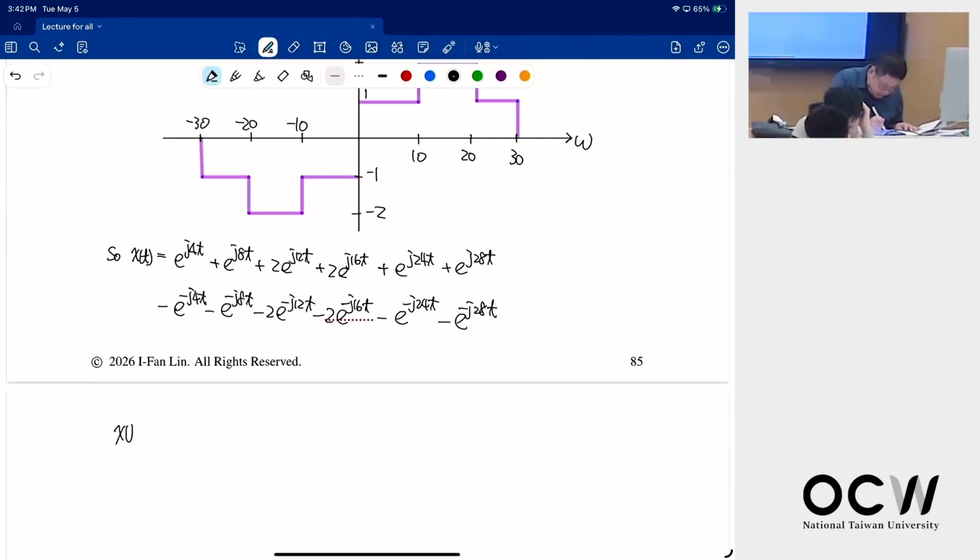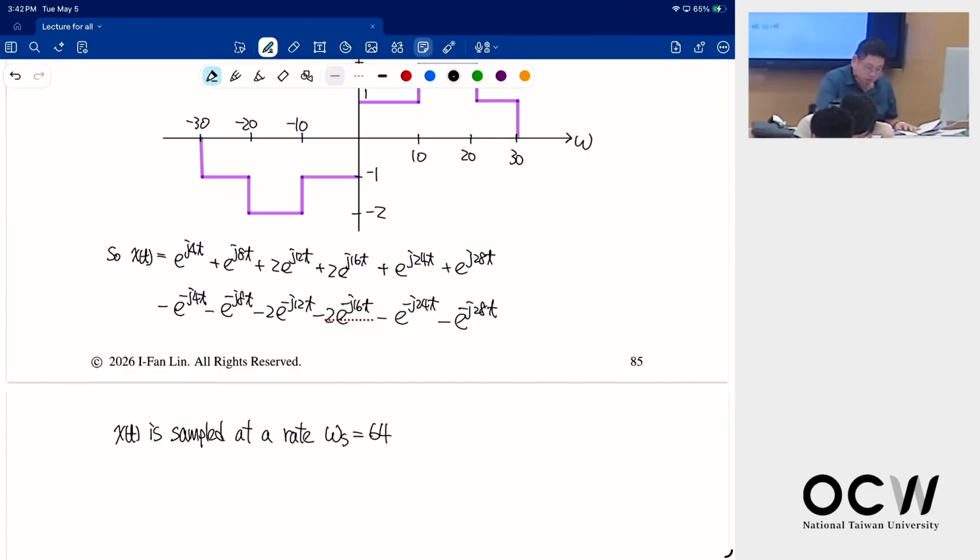Okay, so now x is sampled at a rate 64, which also means the sample period is 2 pi over 64. Okay, and we can form a discrete signal.